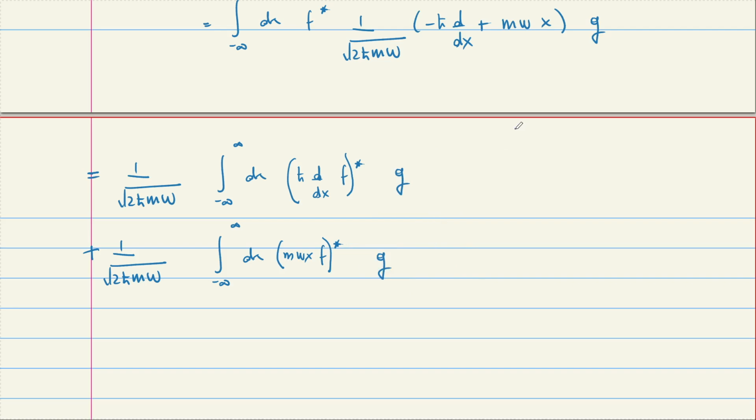And now I want to write this ħ in a form that is like p. So I'm going to put it like minus i and times i. Nothing changed. And now minus iħ d/dx is p. I'll erase it and write p.